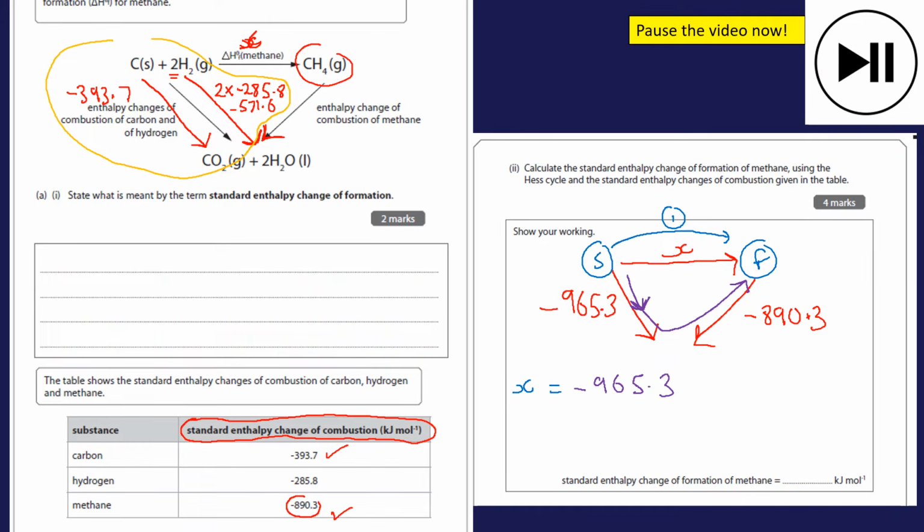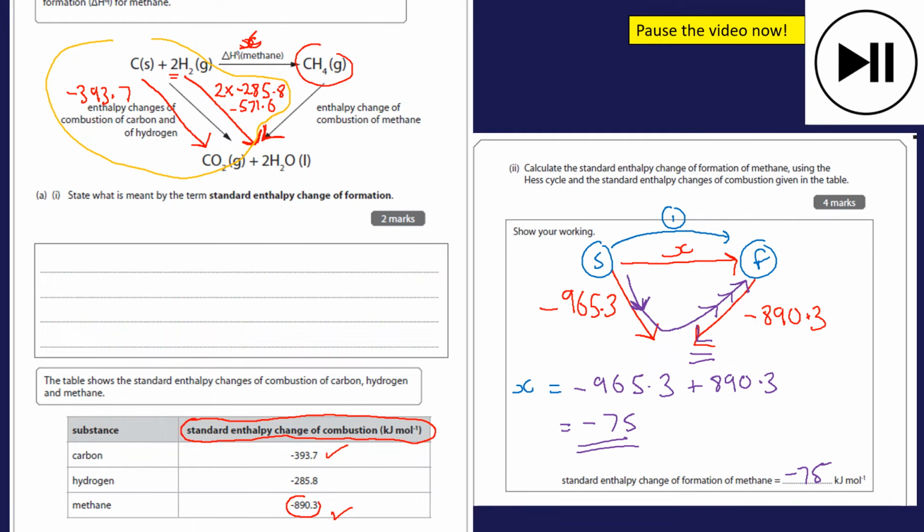However, in the second leg of the journey from the bottom back up, I'm going in the opposite direction to this arrow. This arrow points down and I'm going against it, so I have to change the sign to plus. And what do I get on my calculator? I get minus 75 kilojoules per mole.